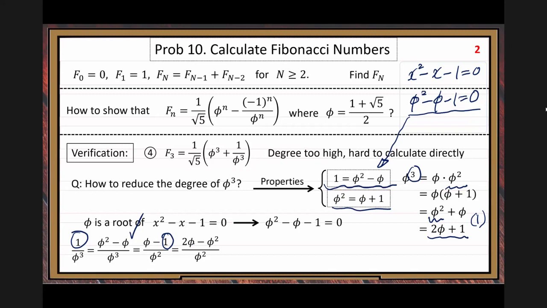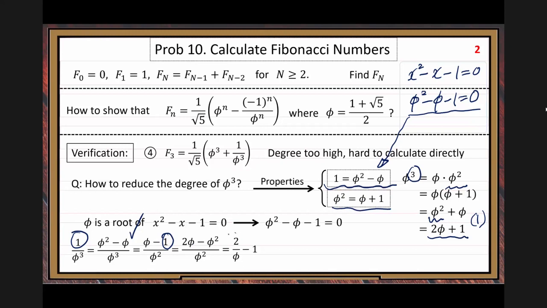You have another common factor phi between numerator and denominator. So 2 over phi minus 1. Now the degree of the denominator becomes much smaller, only first order.